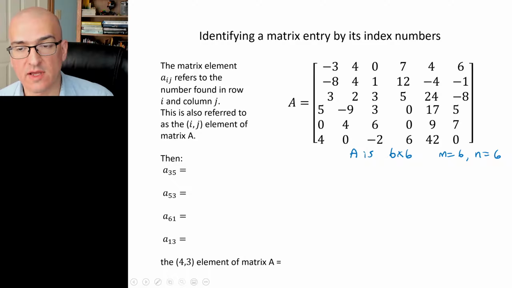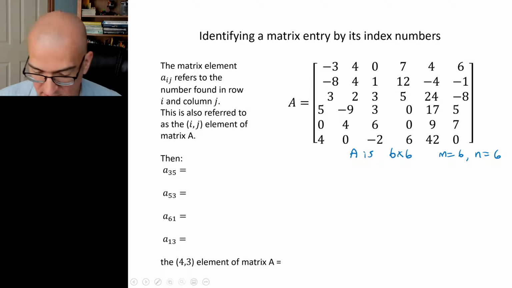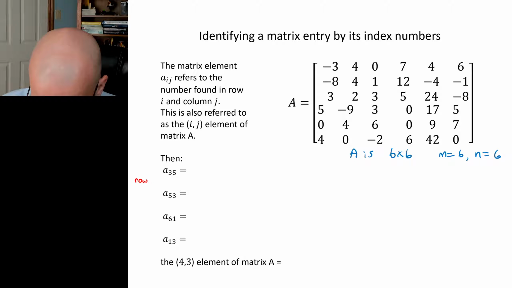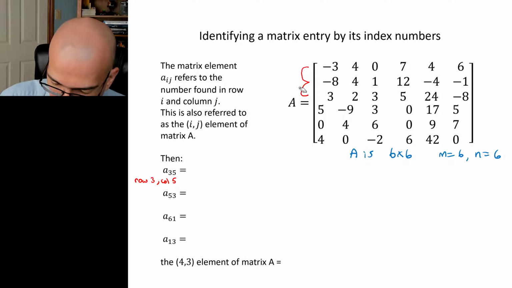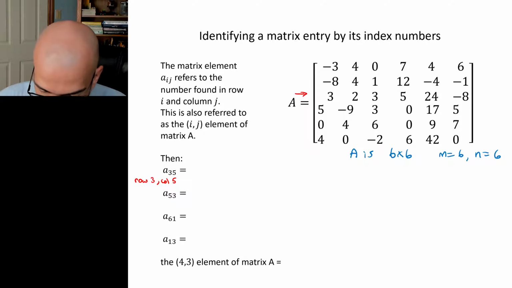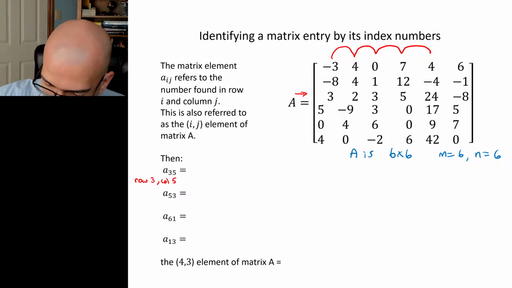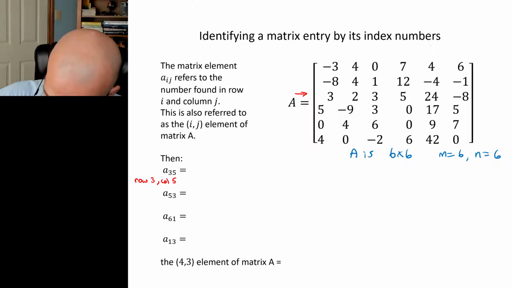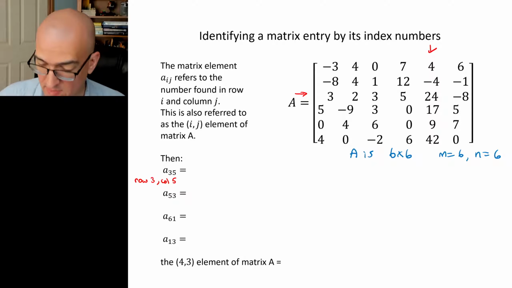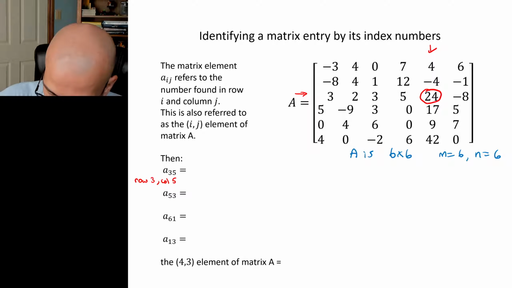So the matrix element a_35 means we're going to row 3, column 5. So row 3: 1, 2, 3. We're in this row. And then column 5: 1, 2, 3, 4, 5. We're inside that column. So our answer is 24.